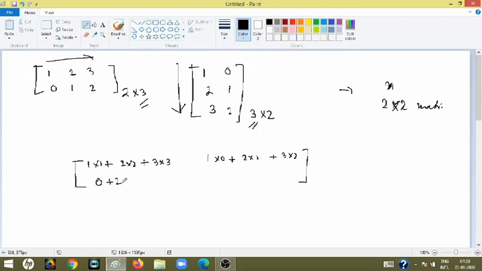Now this is 0 plus 2 plus 6, and here is 0 plus 1 plus 4, which gives 14, 8, 8, 5. This is a 2 cross 2 matrix. Now I think matrix multiplication is clear.